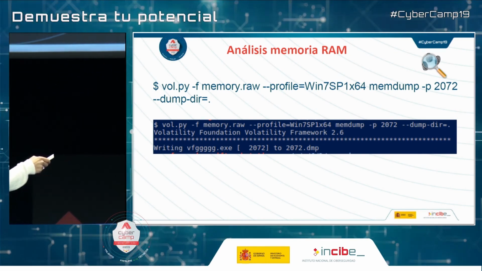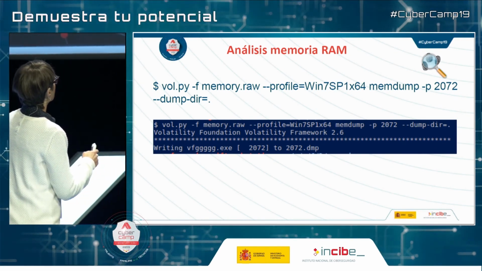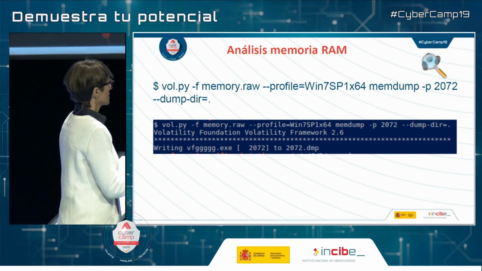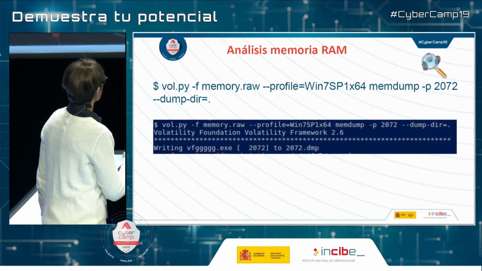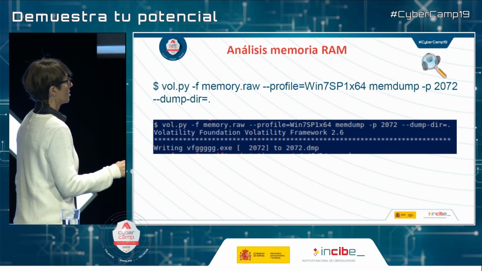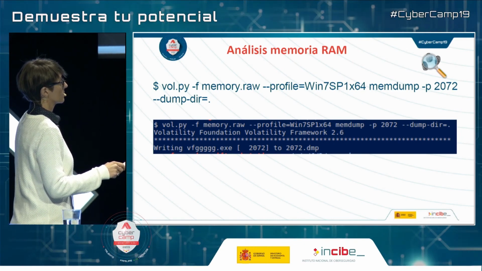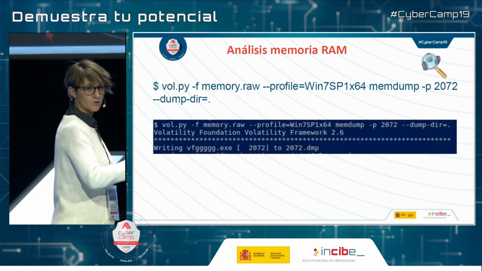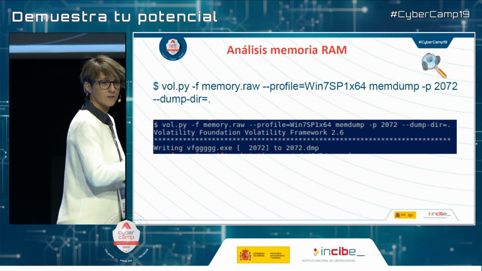We indicate the process, which is 2072, that we mentioned before, and we put it into the current directory. It says writing vfggggg.exe, and then we have a 2072 DMP here.